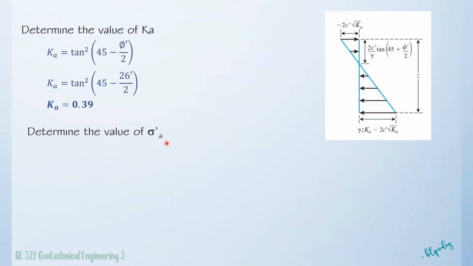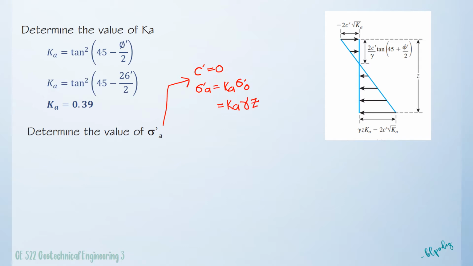Before we continue to solve the problem, if the soil is cohesionless, so if C prime is equal to 0, the Rankine's active earth pressure is simply Ka multiplied by the vertical stress. If we expound this, it becomes Ka times the vertical effective stress, which is simply the unit weight of the soil multiplied by the distance.